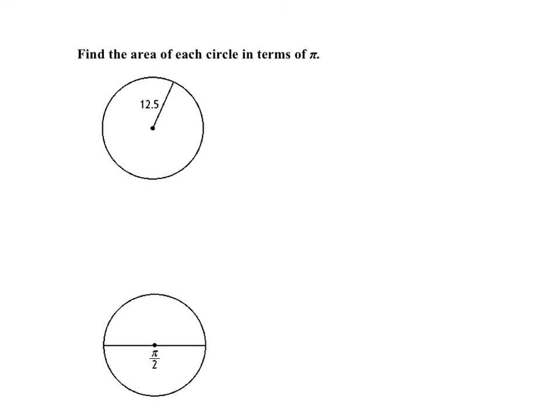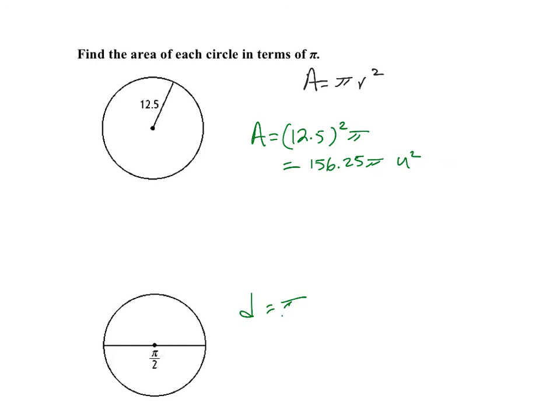The next one, find the area of the circle. The area of a circle is pi times r squared, its radius squared. In this case, the area is 12.5 squared times pi. This is 156.25 pi units square. The next one, I have the diameter is pi over 2. So I need to divide that by 2 so I can find the radius.